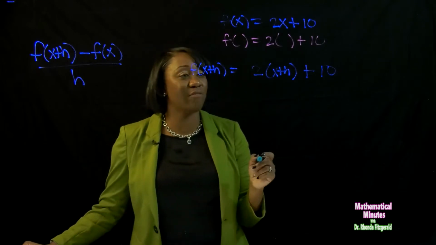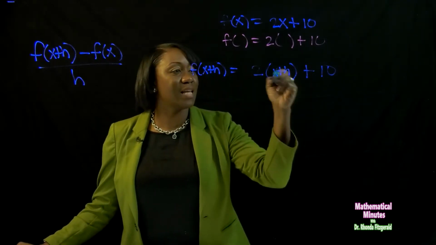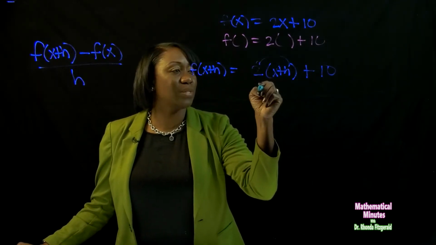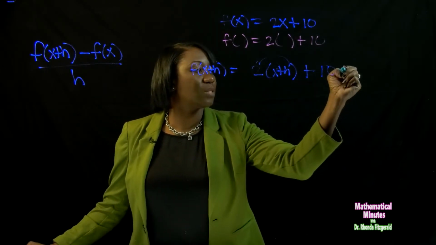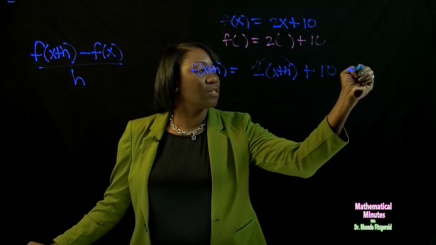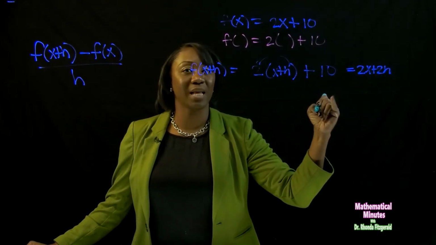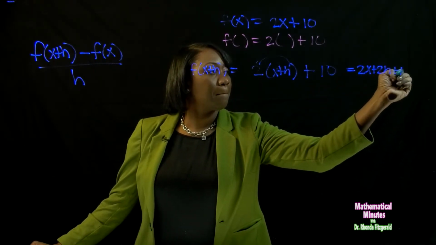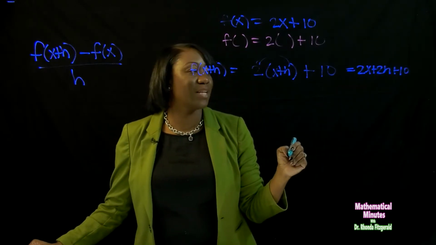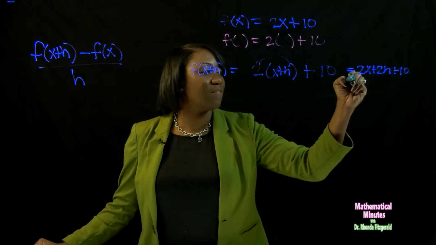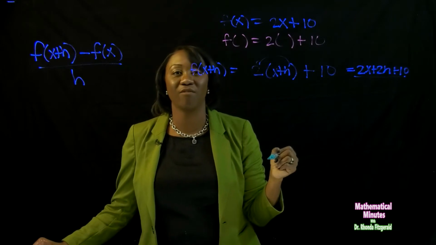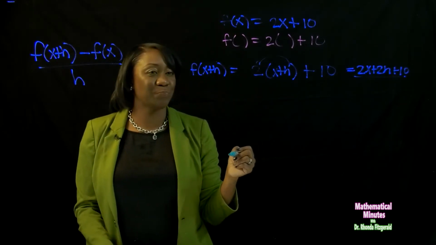So this is the value for f of x plus h. Now let's simplify this. Let's distribute our 2, and we see that this equals the quantity 2x plus 2h plus 10. So this is the value of my f of x plus h.